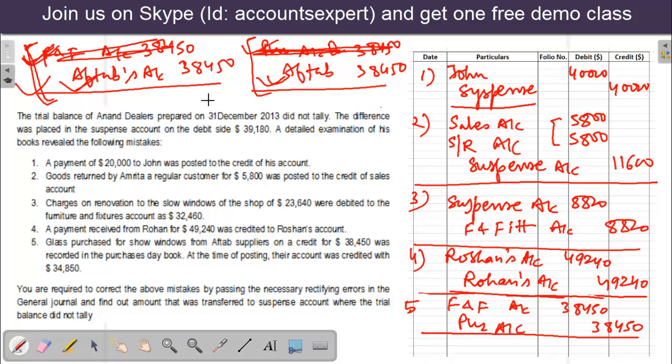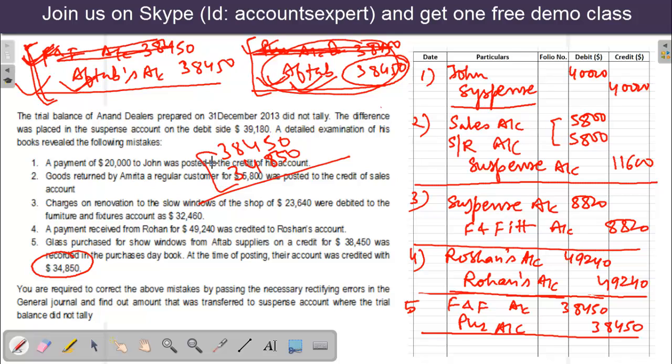Now see, we have to rectify Aftab account. We passed this entry, no doubt, and according to this entry Aftab account should have been credited with this much amount. But see, we credited with how much amount? 34,850. Instead of crediting Aftab's account with 38,450, we credited only 34,850, isn't it?